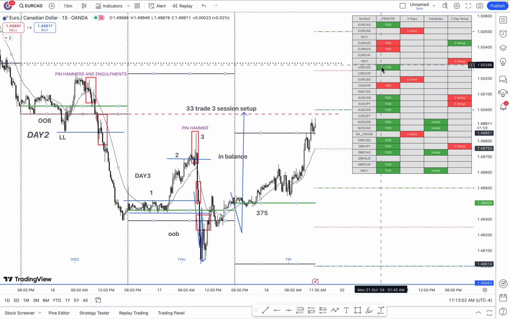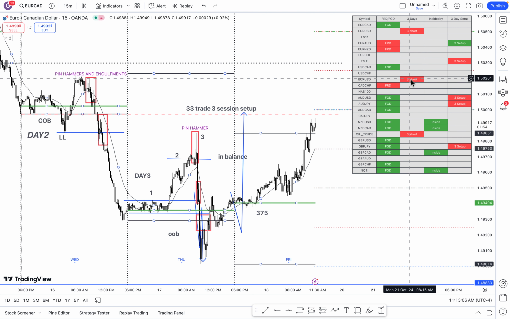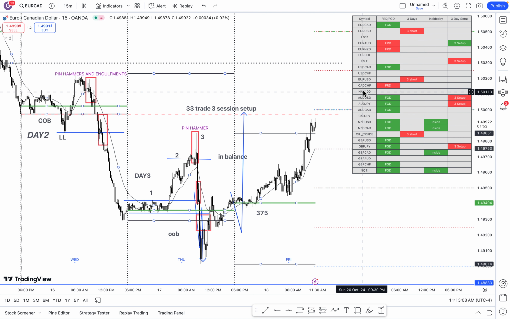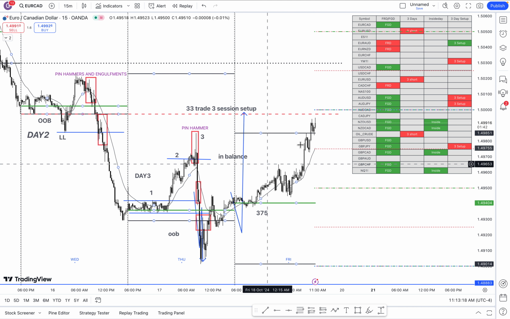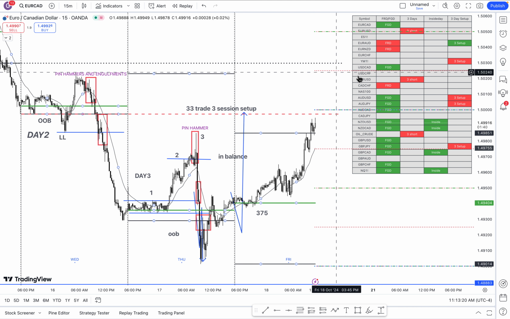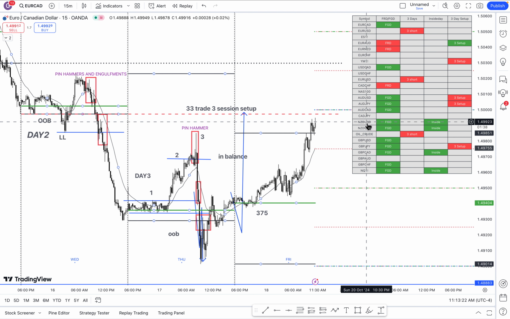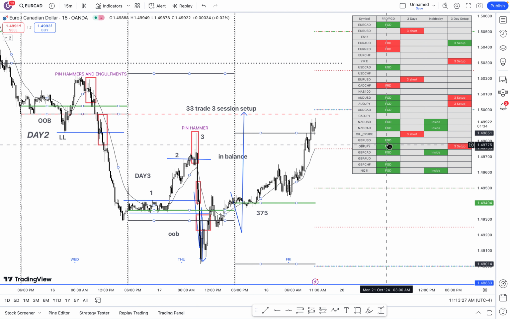We have USD/CAD first green day, CAD/CHF, AUD/USD, AUD/JPY first green day, and AUD/CAD first green day, which activated a 3-day setup. Remember that they build up at these levels to a 3-day setup. We have NZD/USD FGD2, JPY was FGD, GBP/USD was FGD2, and GBP/Swiss franc was FGD.